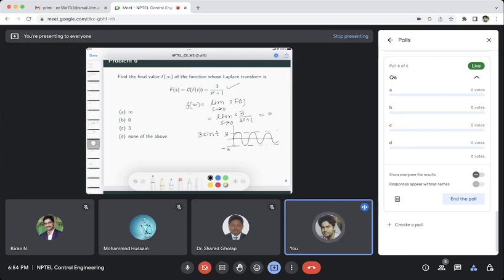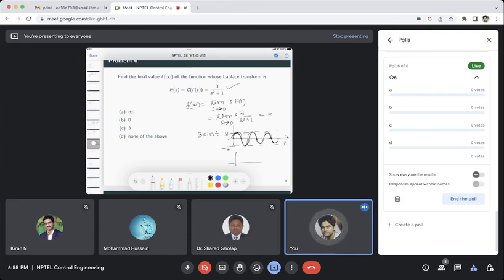You see that this function is oscillating, right? And you don't know the value at infinity. As t goes to infinity, this function will also oscillate. We know for sure that the function value will be between 3 and minus 3, but we don't know what exactly the value will be as t goes to infinity. It will just be an oscillating function.